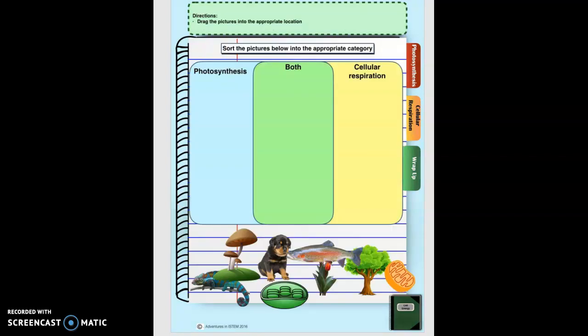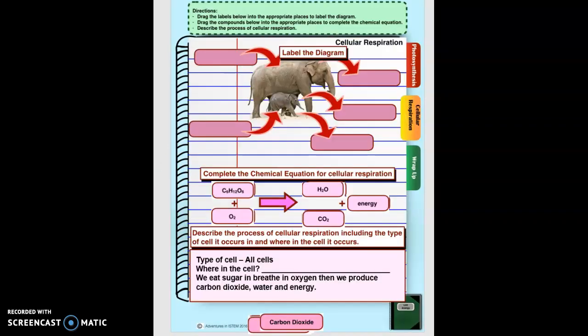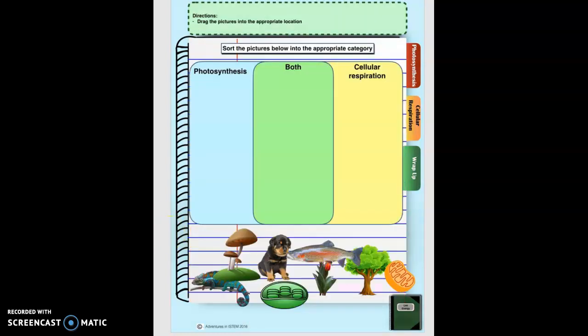All right, on slide 5, we're going to look at who does photosynthesis, who does both, and who does cellular respiration. Now you should know that if you are doing photosynthesis, what color should you be? On top of that, do plants do cellular respiration? Who does it? So you can go back to here and look at what type of cells does cellular respiration, and that should help you to organize your things.